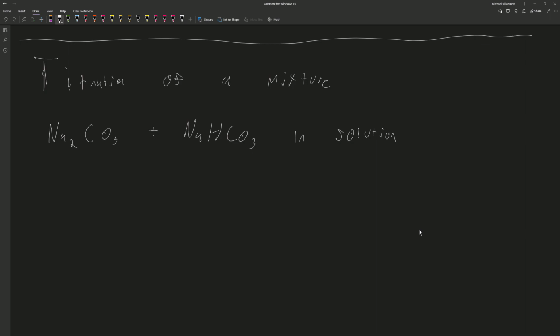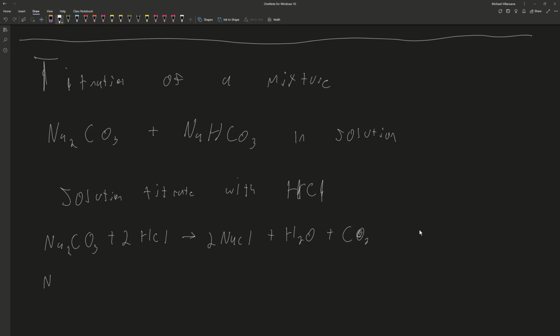So let's say that we will titrate the solution with HCl. Let's see how HCl reacts. So we have Na2CO3 plus 2HCl yields 2NaCl plus H2O plus CO2.